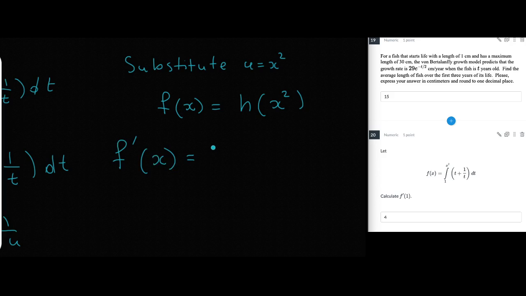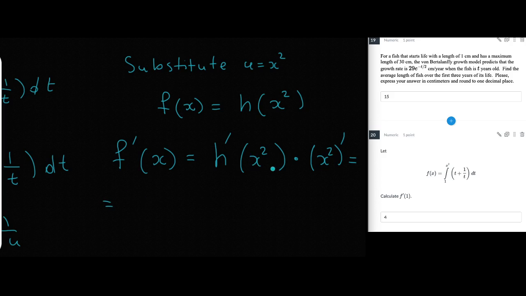I need to take the derivative of h, evaluate this derivative at x squared, and then multiply it by the derivative of the inner function, which is x squared.